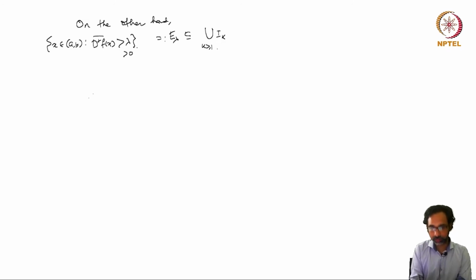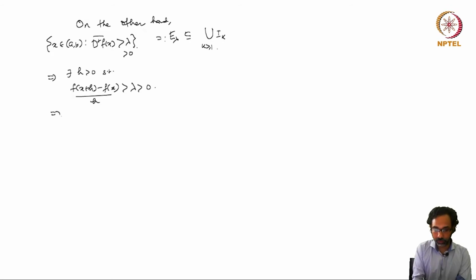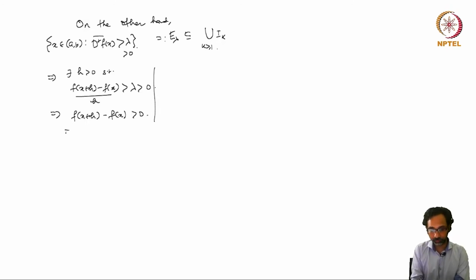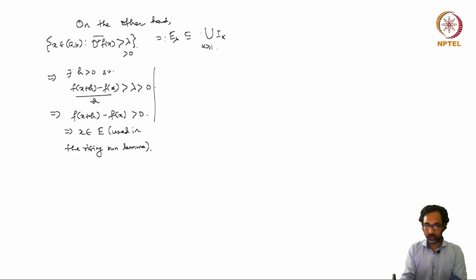Since lambda is strictly positive, this means that there exists an h positive such that (f(x+h) minus f(x)) over h is greater than lambda, which is positive, which means that f(x+h) minus f(x) is positive, and so x belongs to the set E used in the rising sun lemma, which is precisely the set on the right.